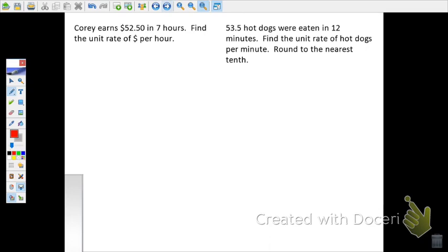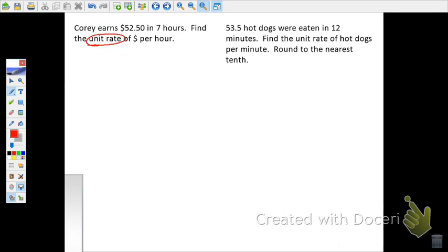Next one says Corey earns $52.50 in 7 hours. Find the unit rate of money per hour. So this time we're doing a unit rate problem.